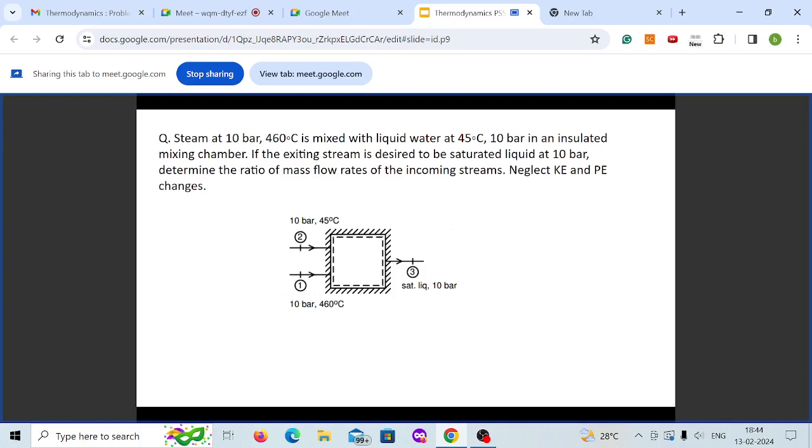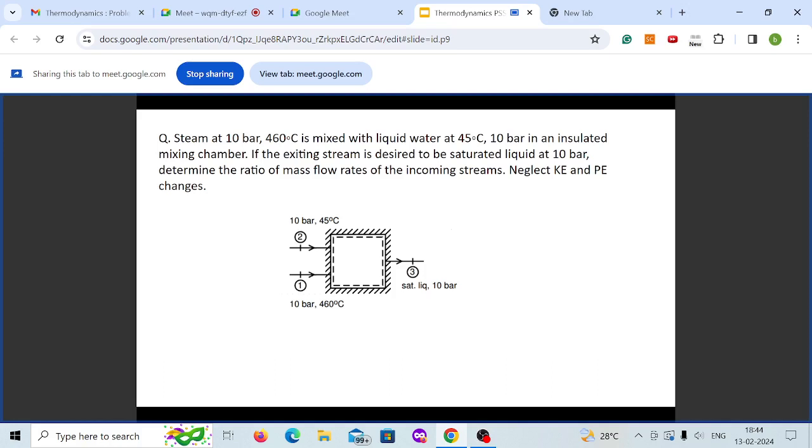So that is the exit condition, and the inlet conditions are 10 bar, 45 degrees for water, and 10 bar, 460 degrees for your steam. In this case they are asking to neglect kinetic energy and potential energy. We need to find out the ratio of mass flow rates of the incoming streams. Your steam is coming in at higher energy, so that will supply that energy to the water.